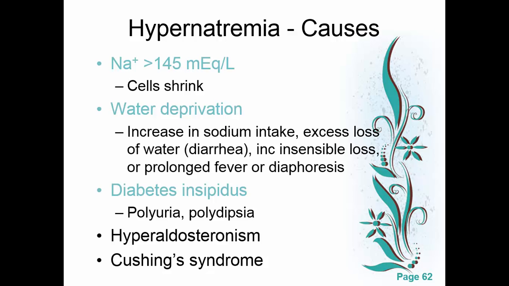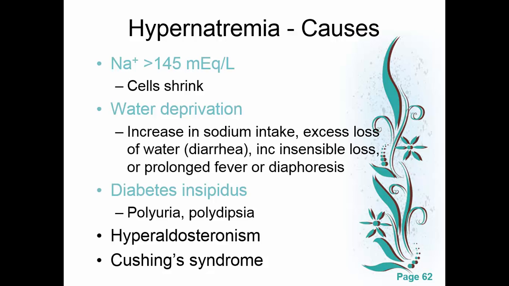Your hyperaldosteronism is a hypersecretion of aldosterone, which causes sodium and water retention. Cushing's syndrome is excess corticosteroids, such as prednisone, or ACTH, adrenocorticotropic hormone secreting tumors. Hypernatremia is not as common as hyponatremia.